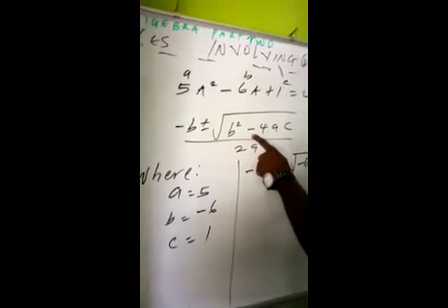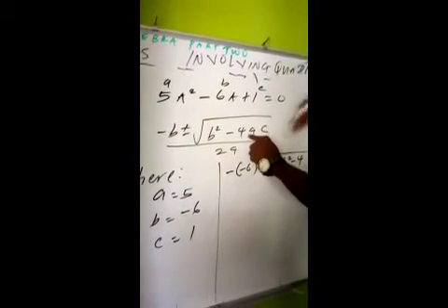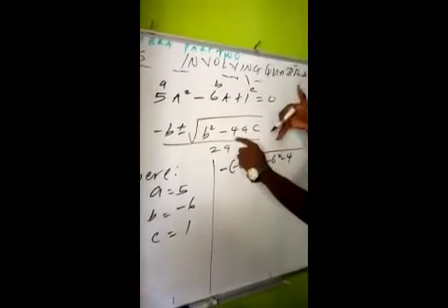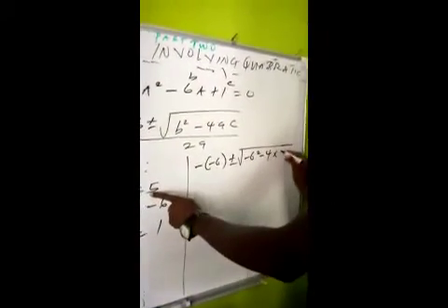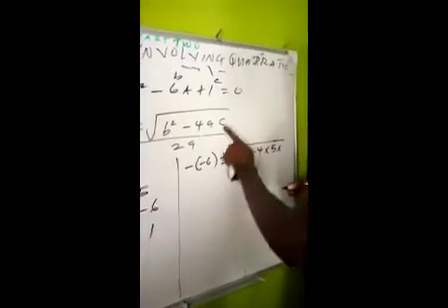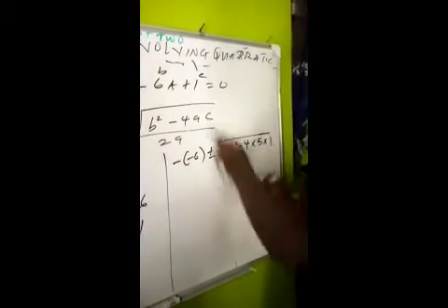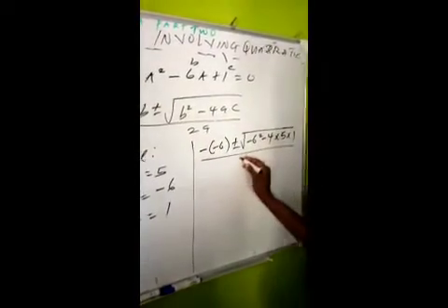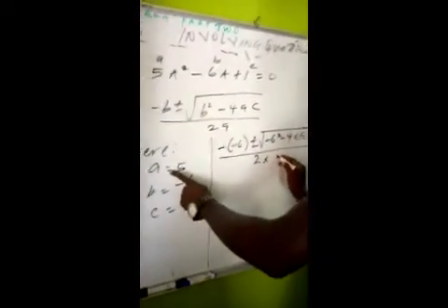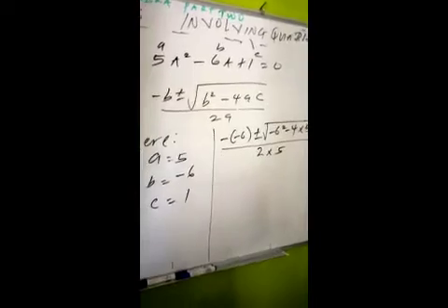Then minus 4ac. This 4 is inside the formula. Then times our a is 5. We have it as 5 times our c is 1. Then all over 2a, where the 2 is inside the formula, then 2 times 5. Then from this one now, let us express it.